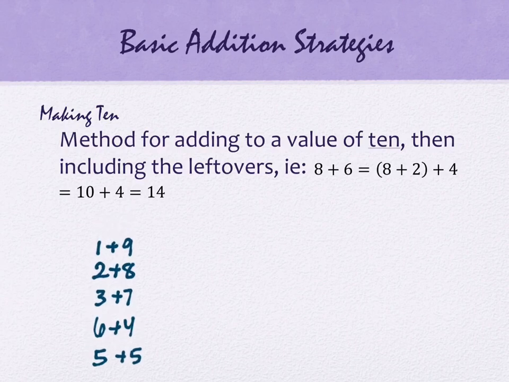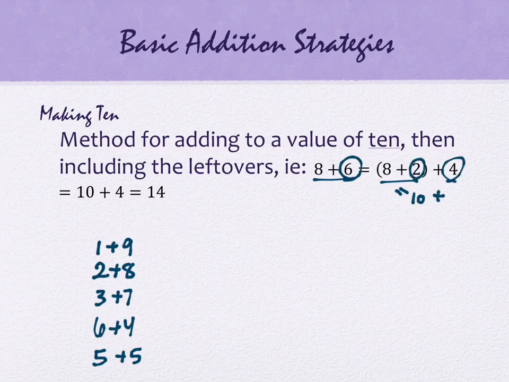And so what happens is when I encounter something that doesn't equal 10, right? So I get something that's 8 plus 6, and I know, well, that doesn't equal 10. I can start with the 8 or I can start with the 6. This one shows it starting with the 8, and I say, oh, but I know that 8 plus 2 is 10, and 6 is just 4 more than 2. So I look at the 6 and I say, okay, well, I used up 2 of them here.